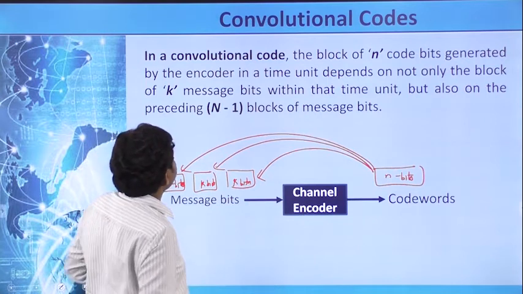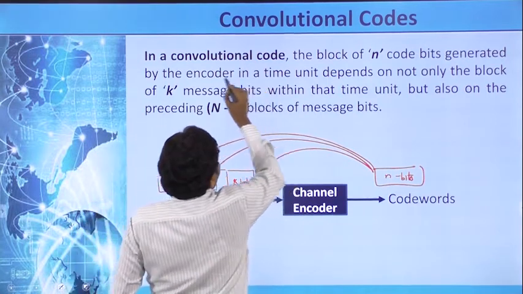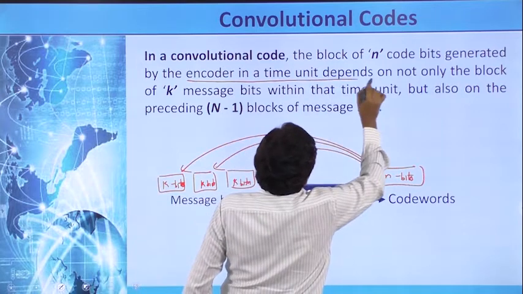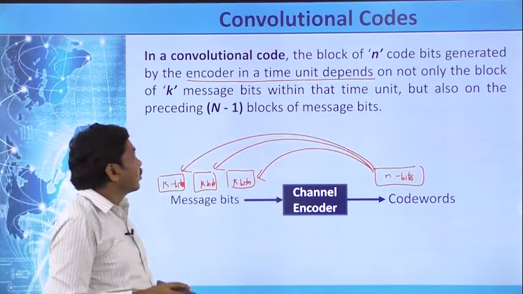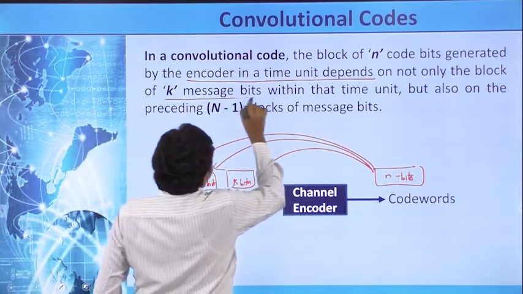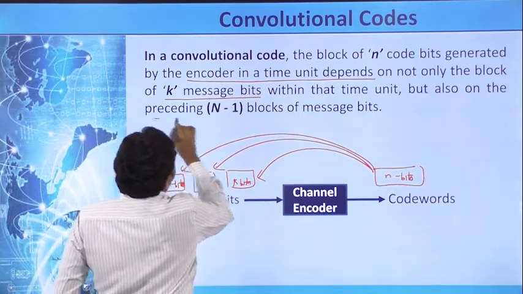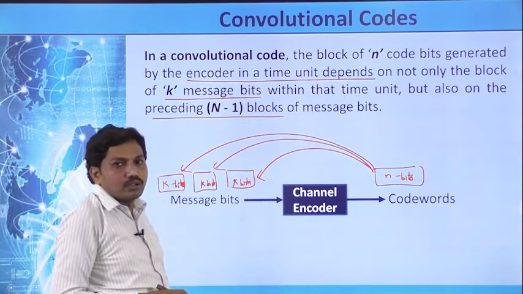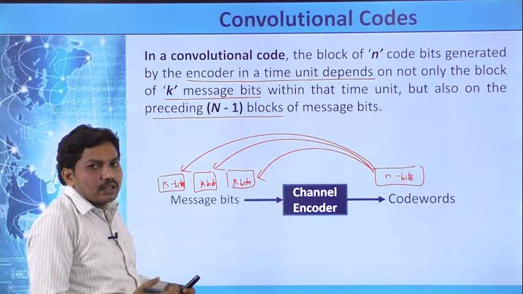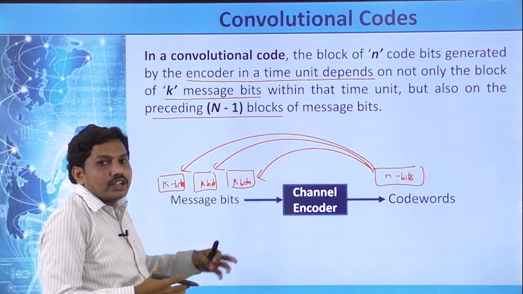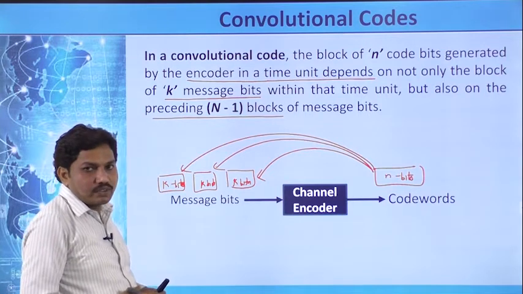So that is the difference. That is, the output of the encoder in a particular time unit depends upon the block of k message bits at that time as well as the previous blocks also. That indicates the convolutional encoder requires memory elements.